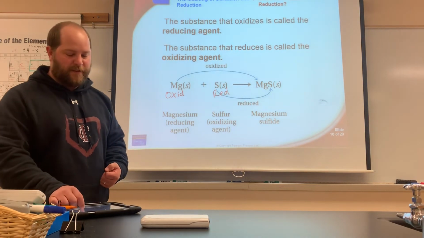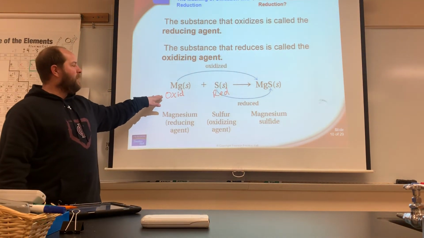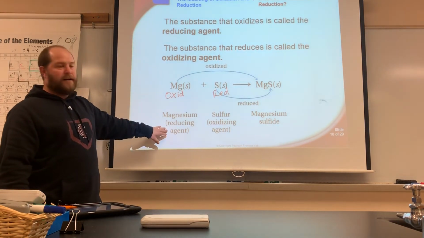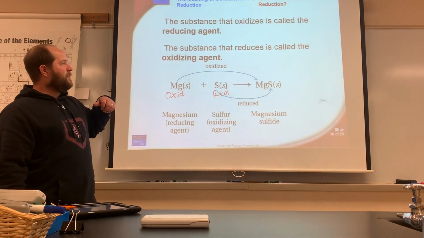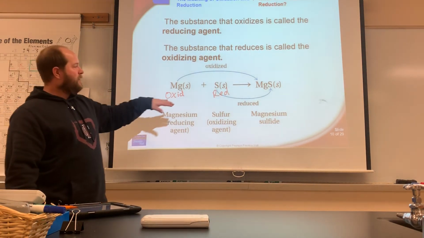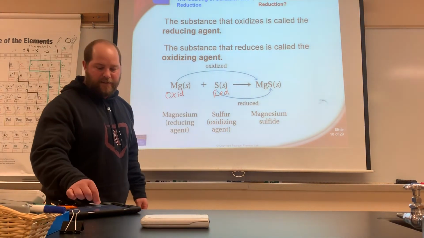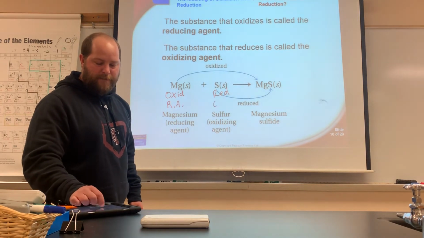We know that, we just looked at that example. The substance that is being oxidized is going to be the reducing agent, and the substance that is reduced is going to be called the oxidizing agent. I'll just abbreviate that RA and OA because that's what I do.